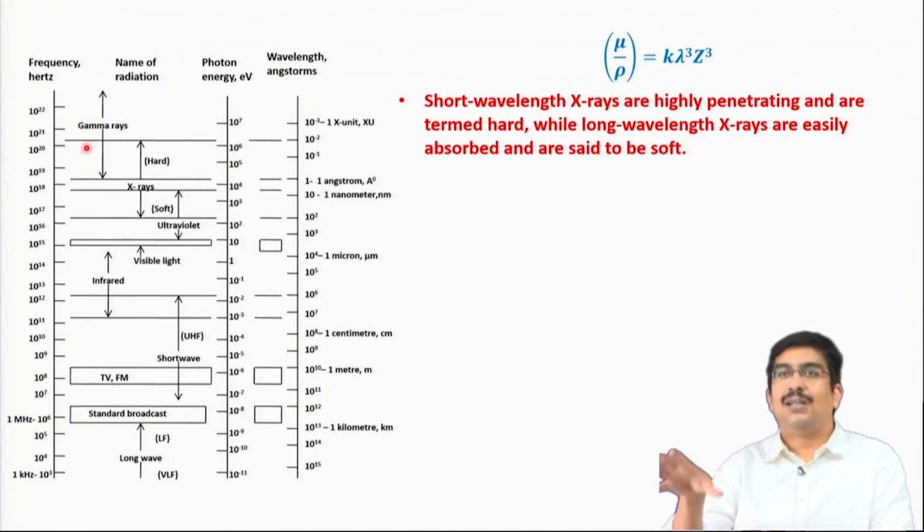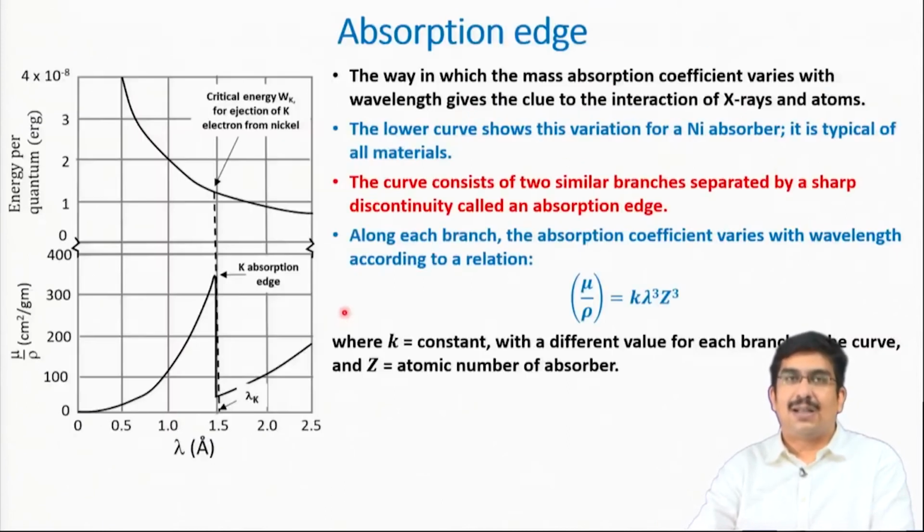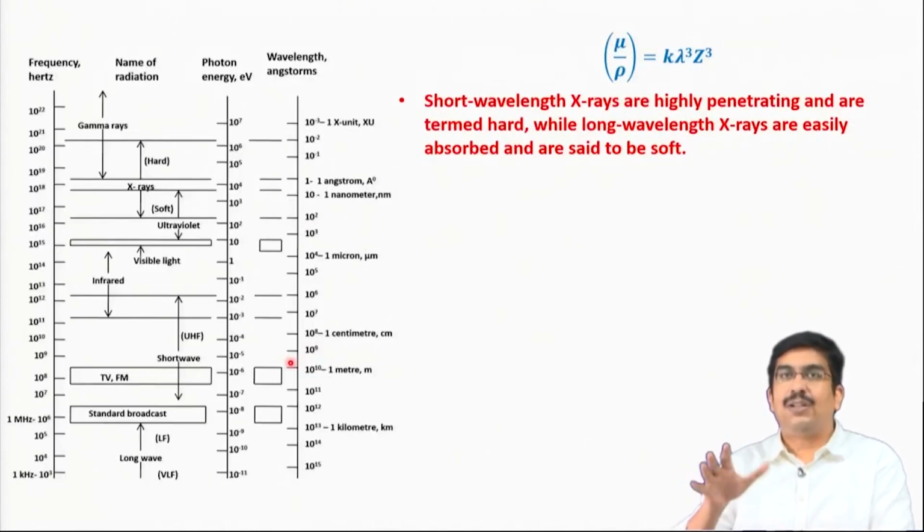You do not want the X-ray signal to be absorbed more by the material itself. It should just do the diffraction. It should allow the diffraction or scattering rather than absorbing that X-ray. So, that is possible if you use a hard X-ray where the mass absorption coefficient is pretty much lesser. Okay. So, this is the difference between hard X-ray and soft X-ray in terms of the absorption of this X-ray signal.